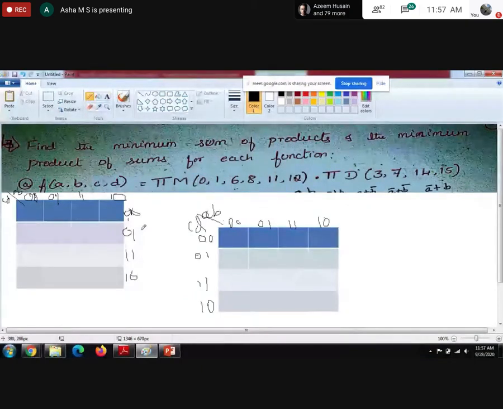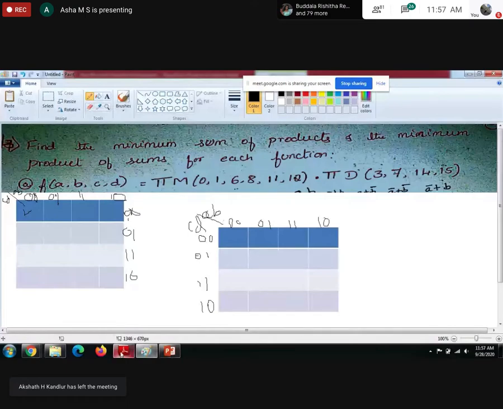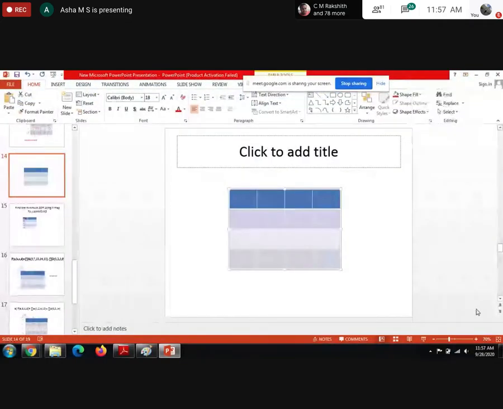So these terms we will be representing in terms of min terms, correct, right? This one we will represent in terms of min terms. So how can we represent this cell in terms of min term? I'll take one more and I will show.